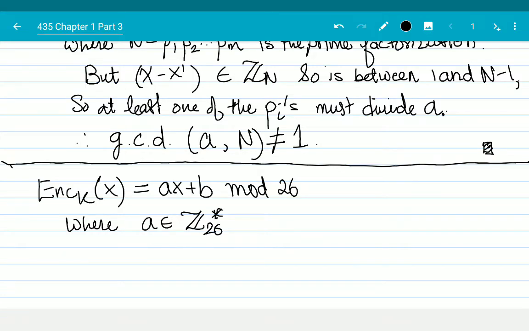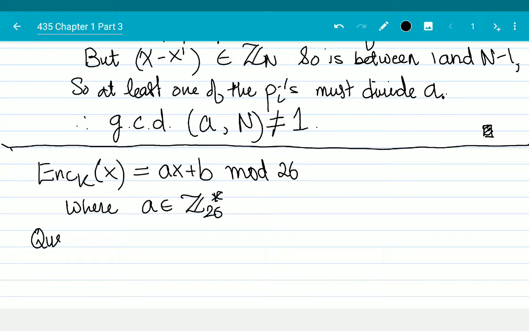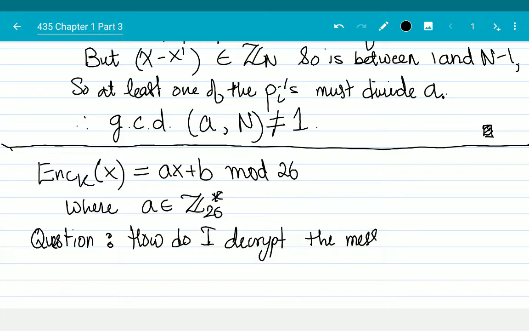But the question then becomes, how do I decrypt the message?